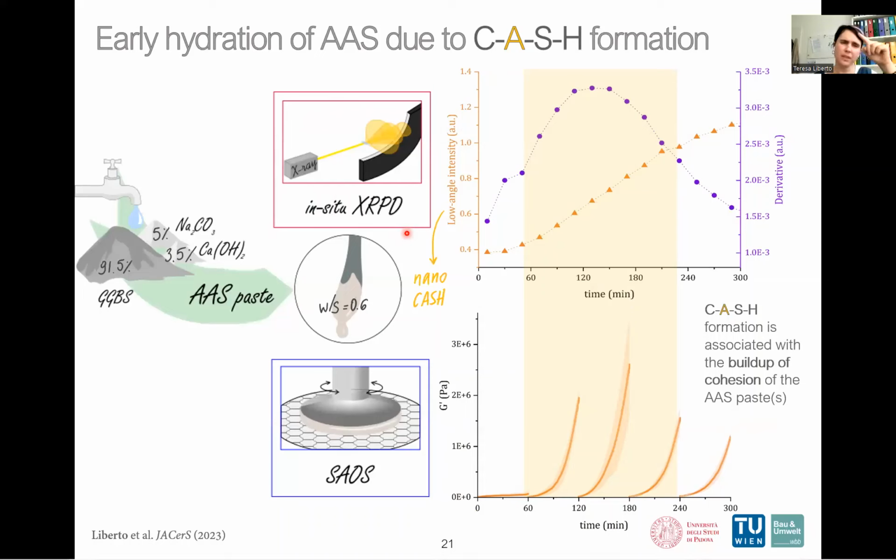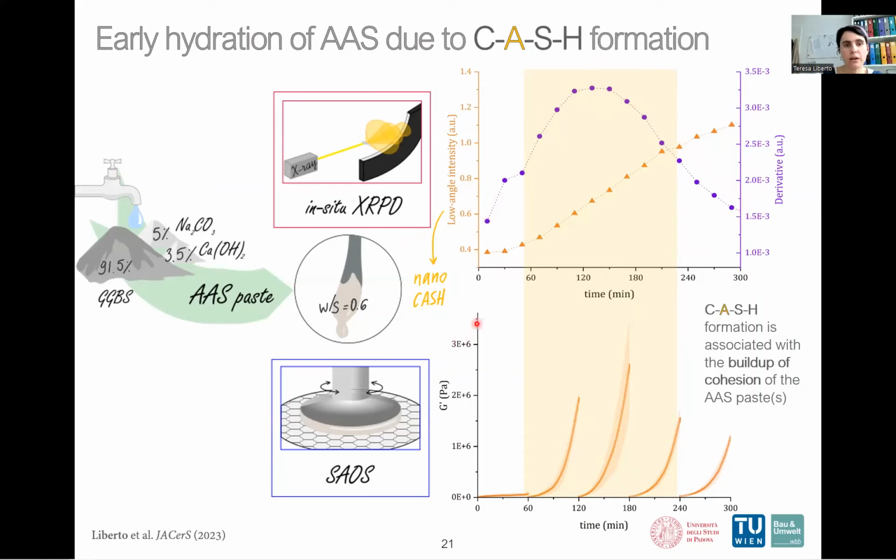There is a bump that increases with time, and this is how we trace the low angle intensity as a function of time. You see that there is an increase. I also show you the derivative as a function of time to let you see that after 1 hour, the CASH formation speeds up until reaching a maximum and then goes down again.